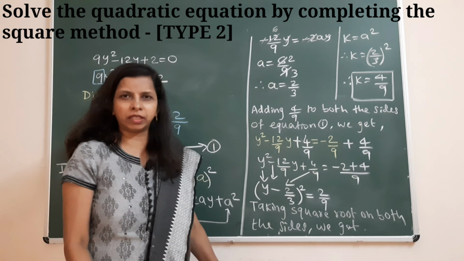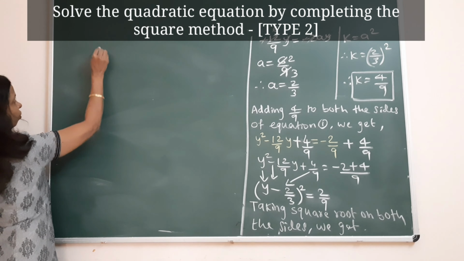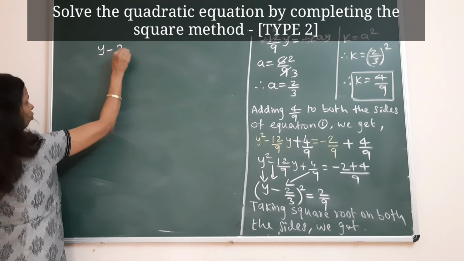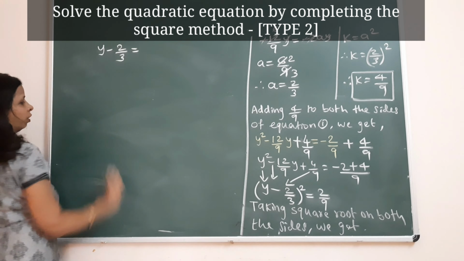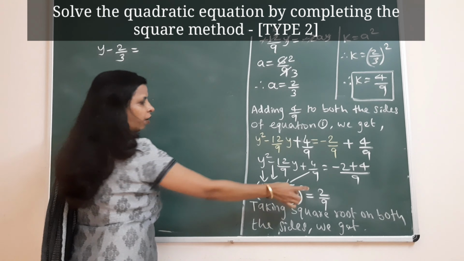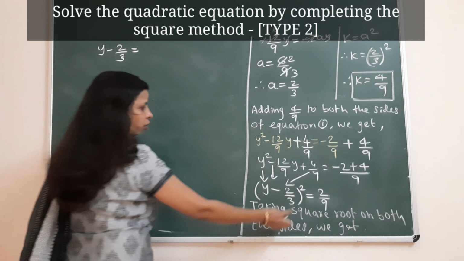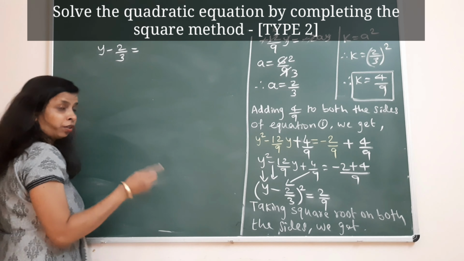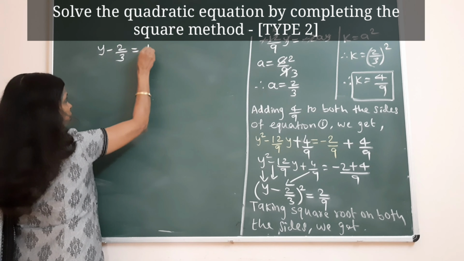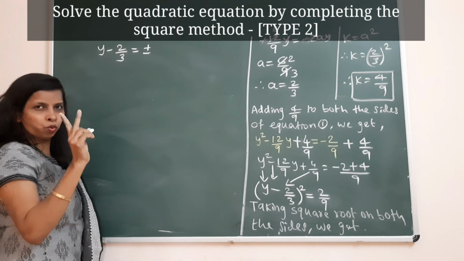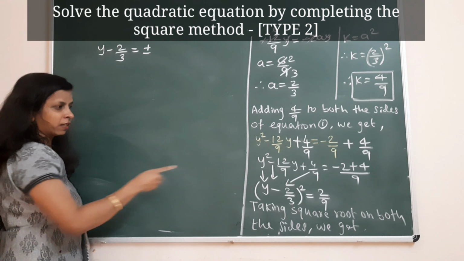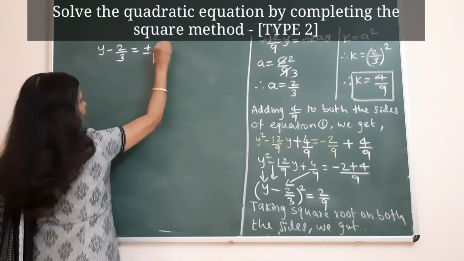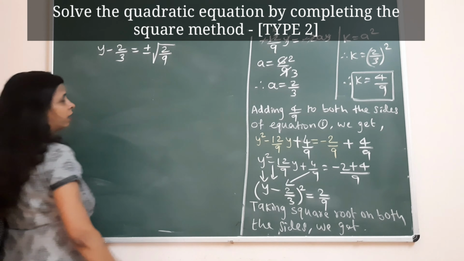So y minus 2 by 3 is equal to the square root. I already told you, whenever you take square root, you need to put two signs, plus and minus.